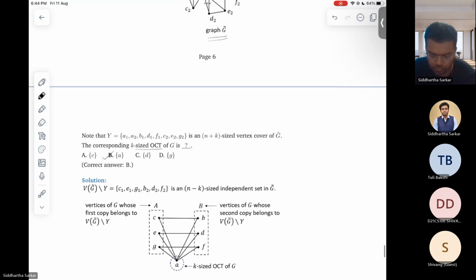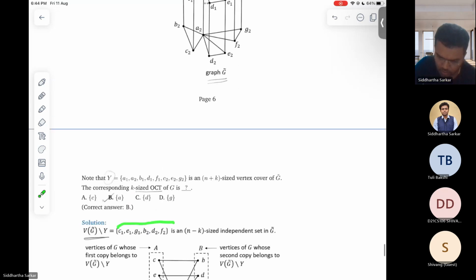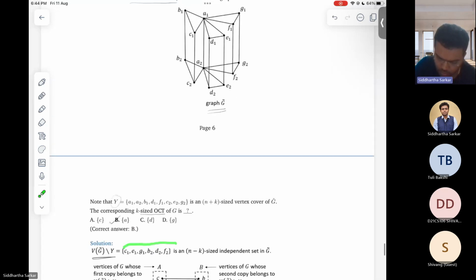The first step they're doing is computing this quantity, removing the vertices of Y from the vertex set of G tilde. So we are left with these vertices. Let's just look at this graph.